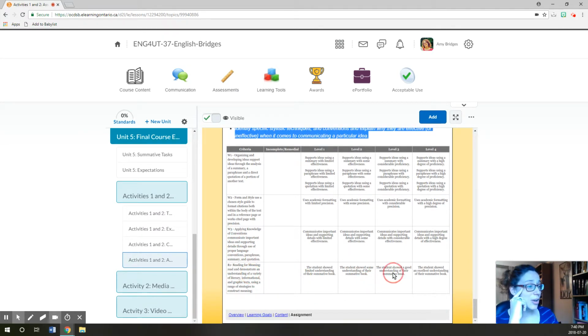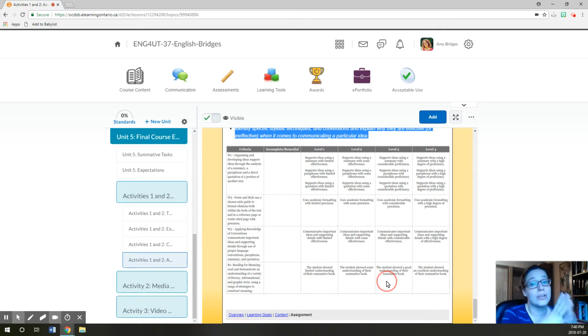And then R1, reading for meaning, is the student showed a good understanding of their summative book. So that's where a good understanding would be not just a surface level understanding of plot, but also an understanding of theme, structure, diction choices, and style elements. Okay, so that's good. That's your level 3. You have to do all of that pretty well in order to get a level 3.